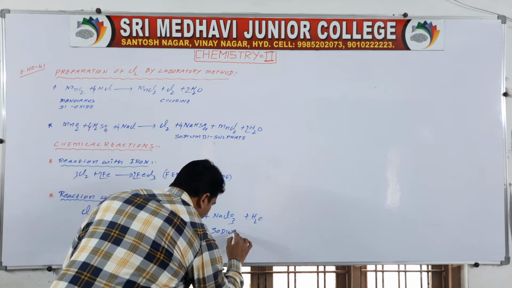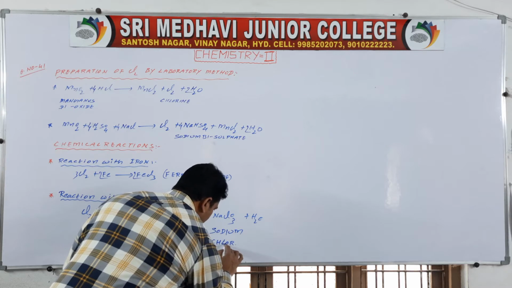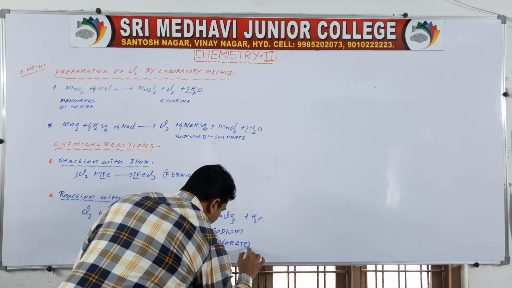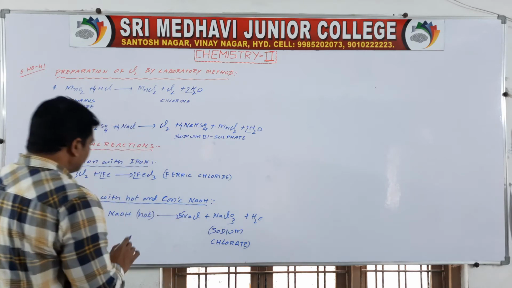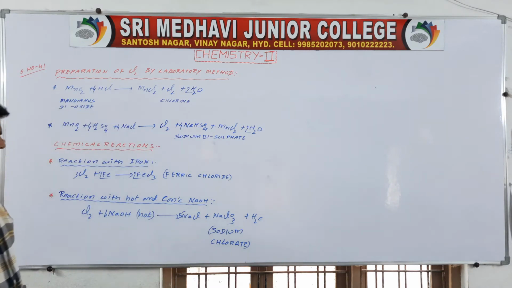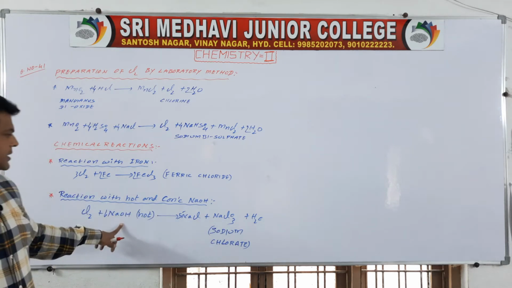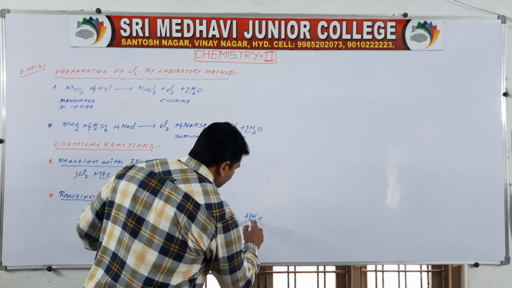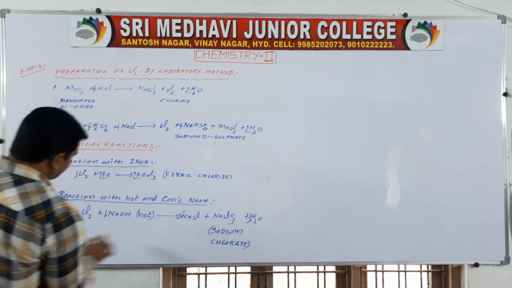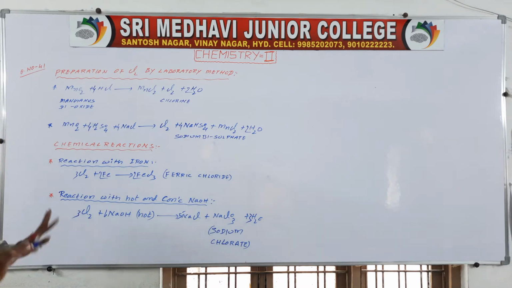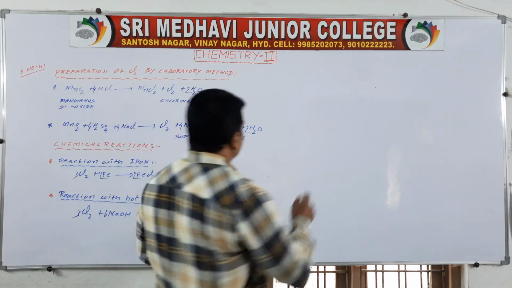For balancing, here I am taking 5, here I am taking 6. 5 Na plus Na, 6 Na. 6 oxygens, if you take 3, 6 oxygens, 6 hydrogens. How many chlorines? 6 chlorines. If you take 3, balanced. Okay, it is the second chemical reaction.